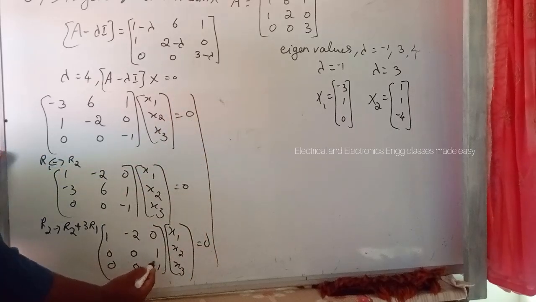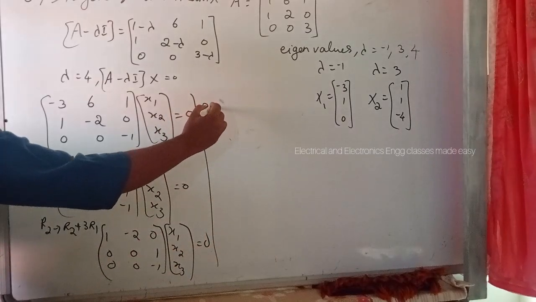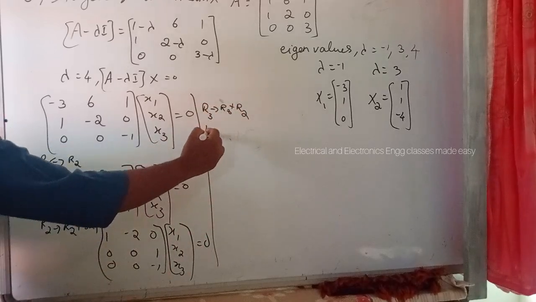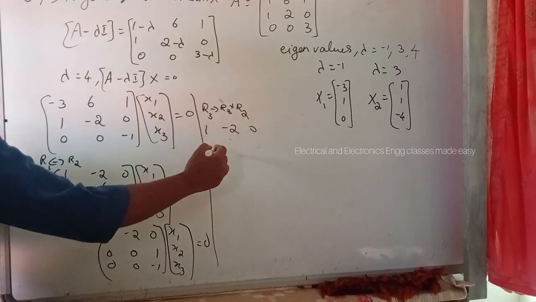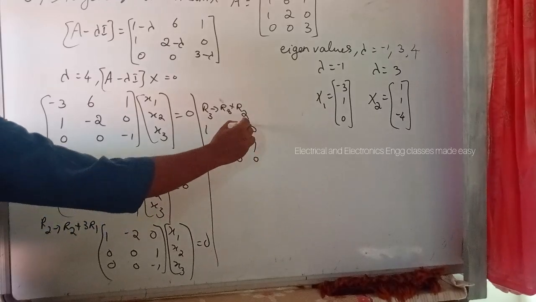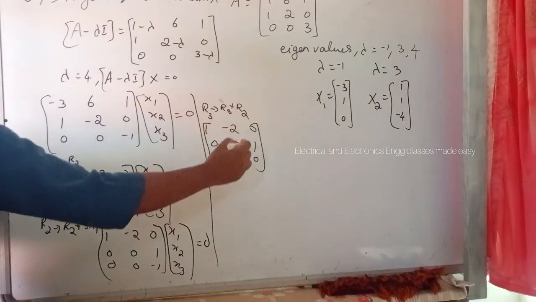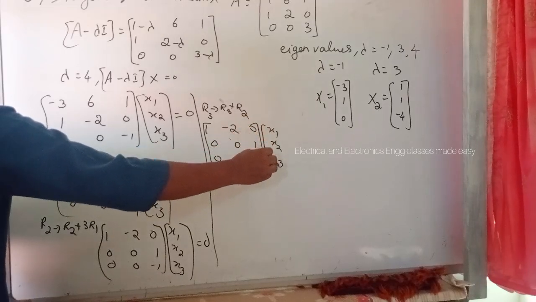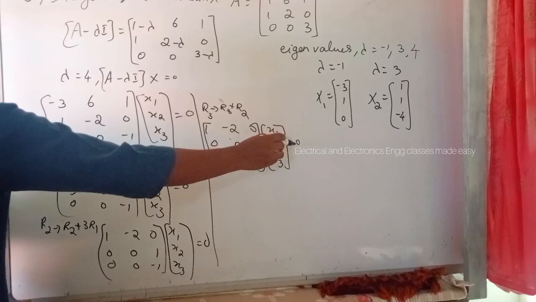Now let us make this element 0, that is R3 implies R3 plus R2. So 1, minus 2, 0; 0, 0, 1; 0, 0, 0, into x1, x2, x3 equal to 0.